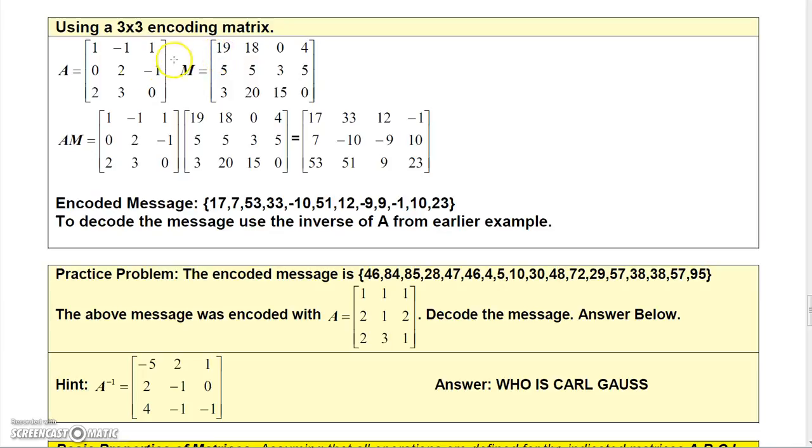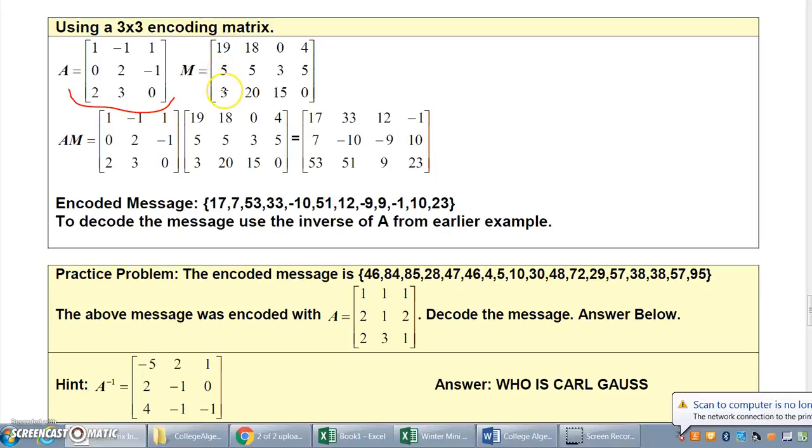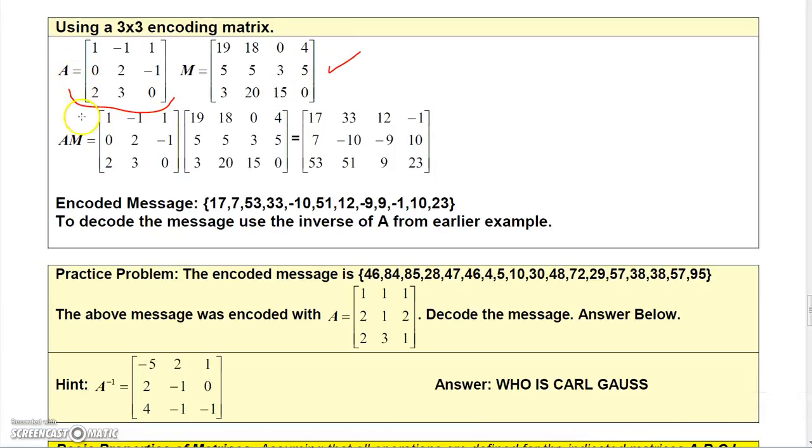Okay, this is the same message, but I'm going to use a 3 by 3 matrix. And remember, 19 was S, 5 was E, 3 was C, RET space CODE space. So notice I had to put it in a 3 by 3 form since I'm using a 3 by 3 encoding matrix.